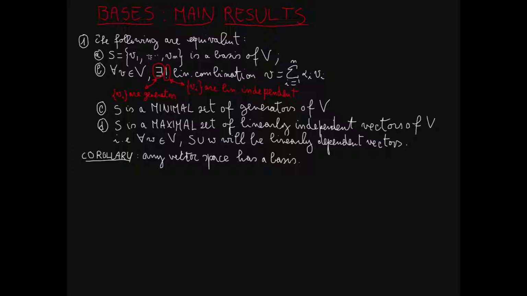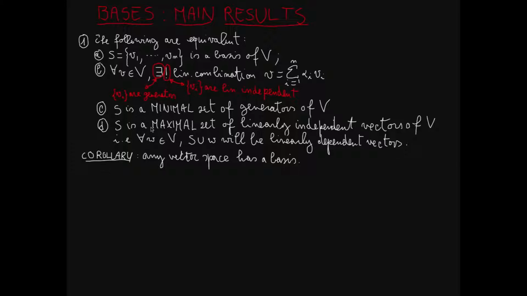At some point this process will finish, because these vectors are finitely many. The ones remaining will still generate all of V, and the set will be minimal, in the sense that if I remove any of the remaining vectors, I will not be generating V anymore. So by this result, we know that this is going to be a basis of the vector space.